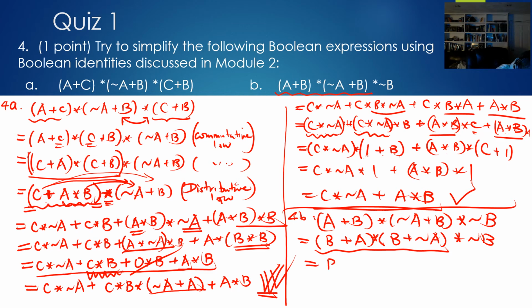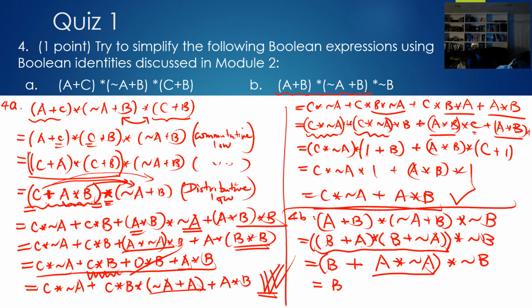So this is going to be B plus A times tilde A, right? So I take the common factor B out, plus A times tilde A. Now, remember, you have to put the parentheses here before the tilde B. So now A times tilde A, that's 0, right?